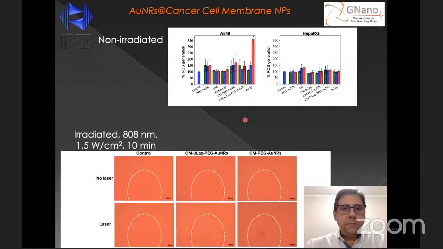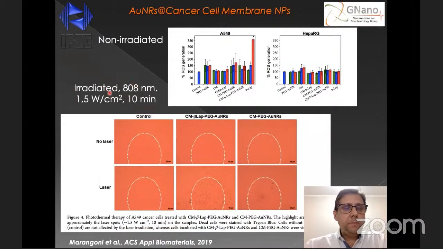But upon irradiation of the cell cultures for 10 minutes, the combination of the laser radiation and the nanorods from the cell membrane nanocapsules promoted a higher amount of cell death, as you can observe in this image.